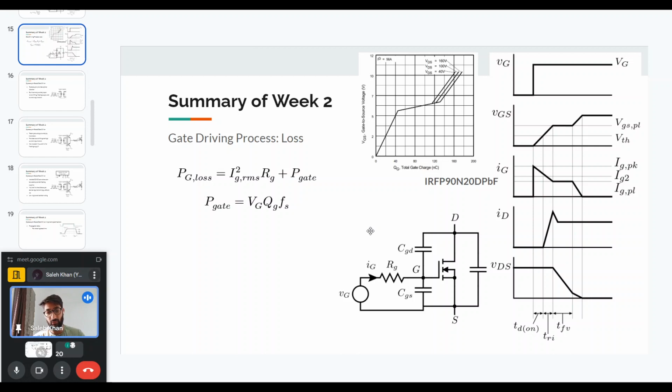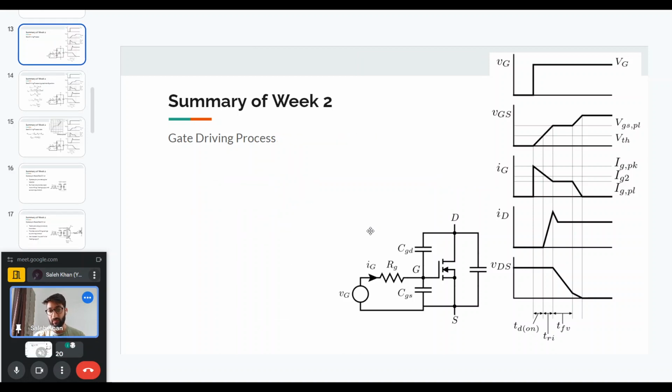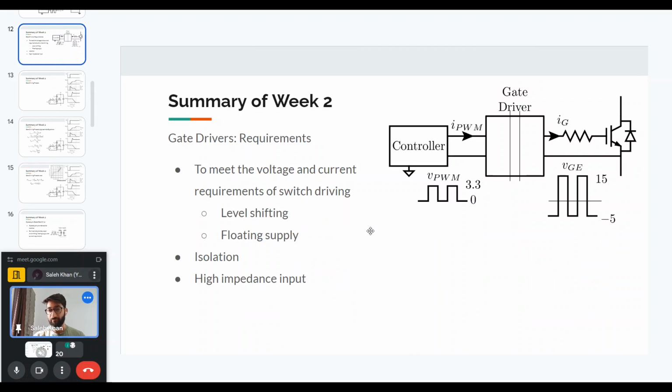That is the whole point of a gate driver. There is no other application as far as I know for gate driving. But optocoupler can have many applications, and that is not really something that you will be asked about, I think. You just have to know how optocoupler is used for gate driving, and that we have studied. Basically, it will take the controller output as the input, and then it will isolate it from the controller.